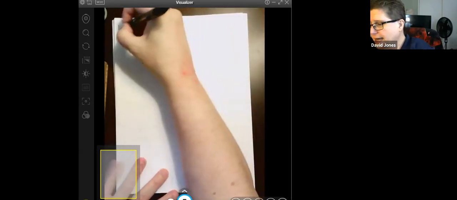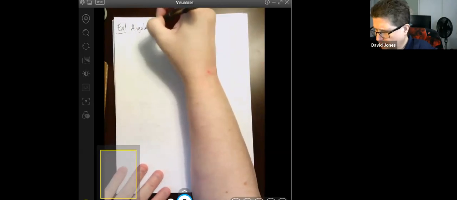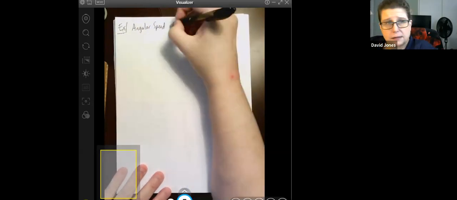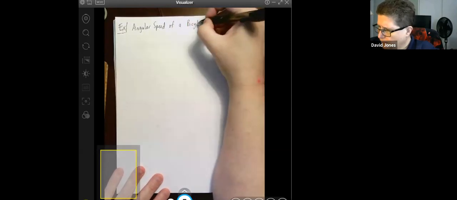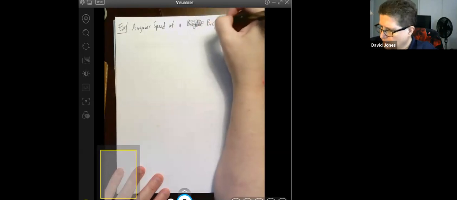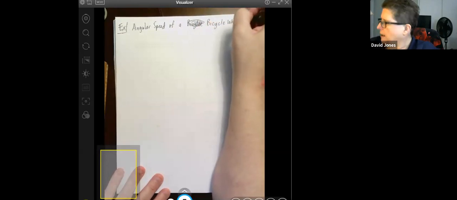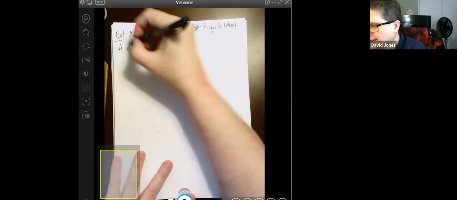So let's look at the angular speed of a bicycle wheel. We've got a 10-speed bike.